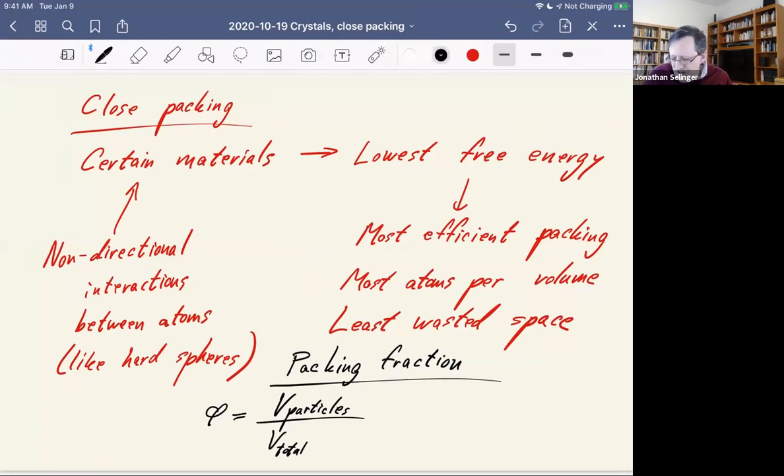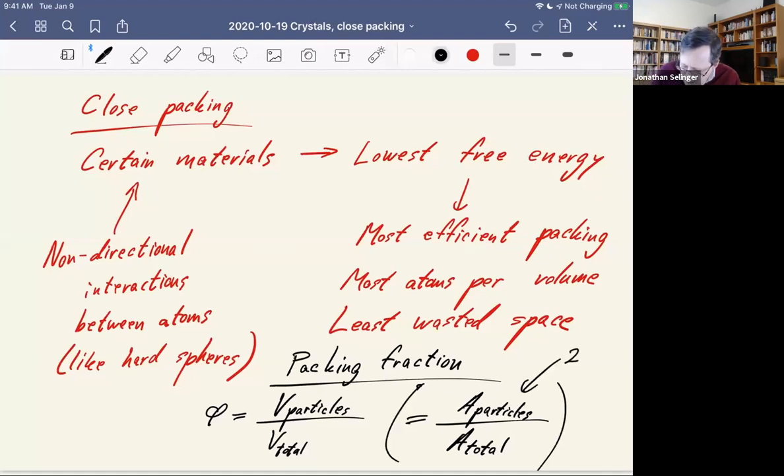Or for 2 dimensions, it's the area that is in particles divided by the total area. Here, I'll put like a parentheses around this. This is in 2D and this is in 3D. So let me show you what's meant by this parameter, both in 2 dimensions and in 3 dimensions.